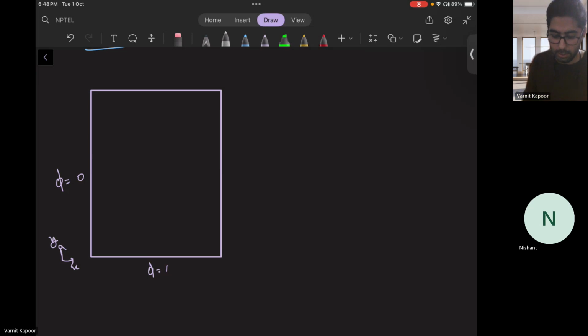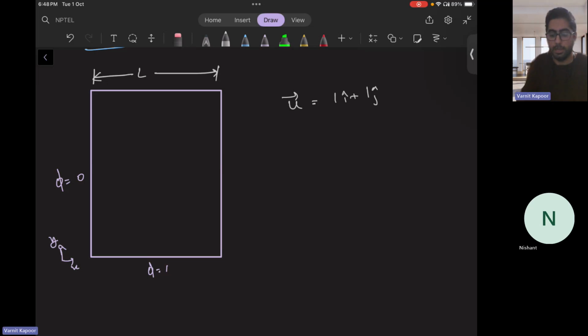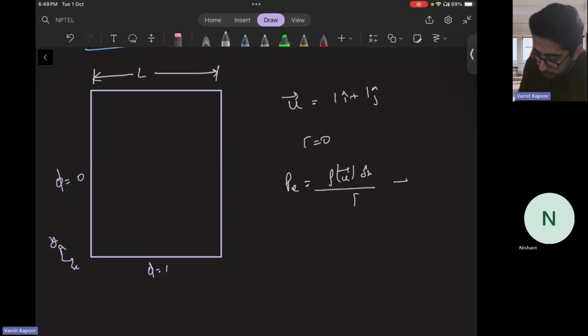This length is L. And you have a known velocity, 1 i cap plus 1 j cap. Gamma is equal to 0, no diffusion. Peclet number is defined as rho u delta x by gamma, so the Peclet number will turn out to be infinite.